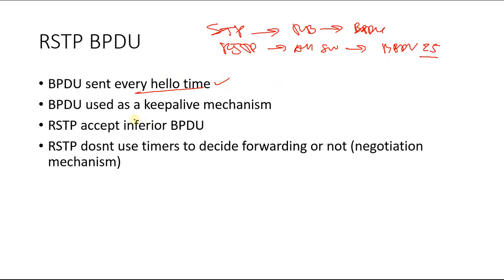And then BPDU is used as a keepalive mechanism in RSTP. The classic spanning tree uses a max age timer, which is 20 seconds, for BPDUs before they are discarded.